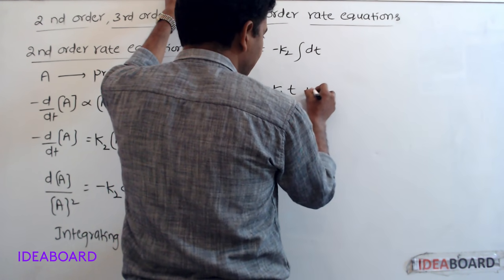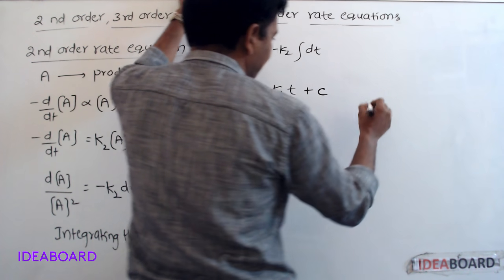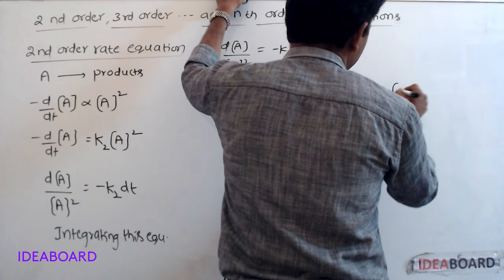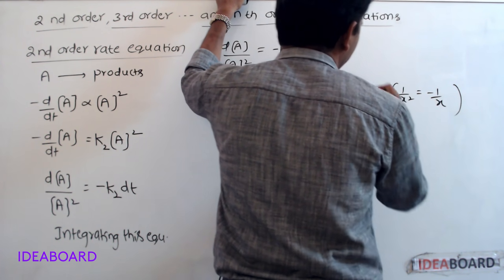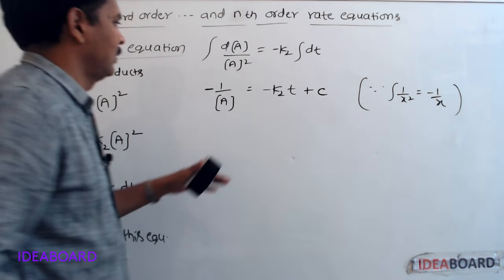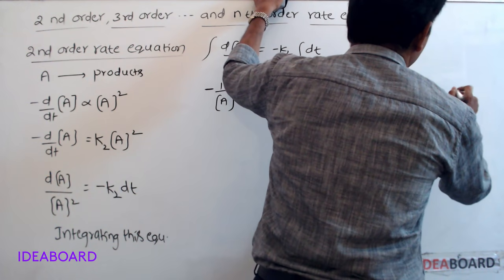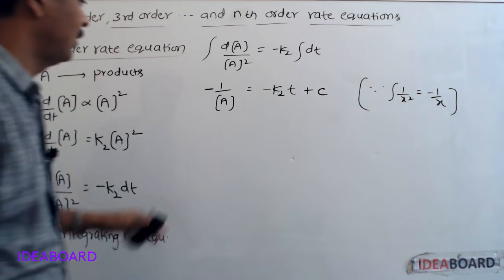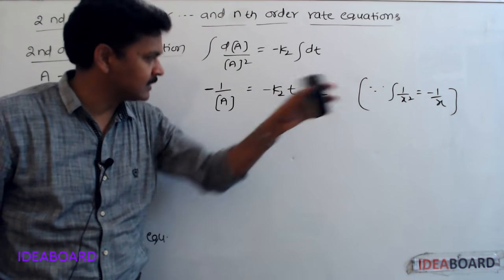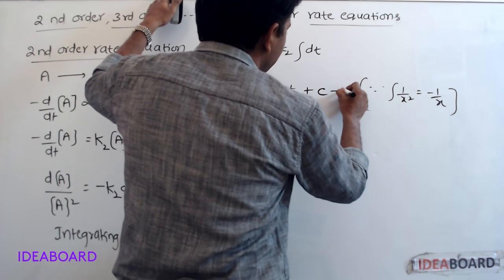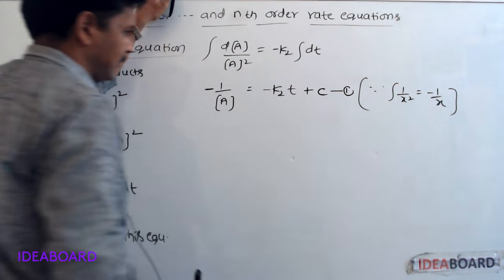After completion of integration I am writing one constant, that is c. Since the integral of 1 by x square is equal to minus 1 by x, minus 1 by [A] is equal to minus K2t plus c. Here this c is the integration constant. I am taking this as the first equation.